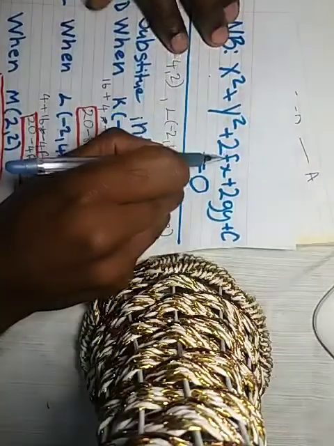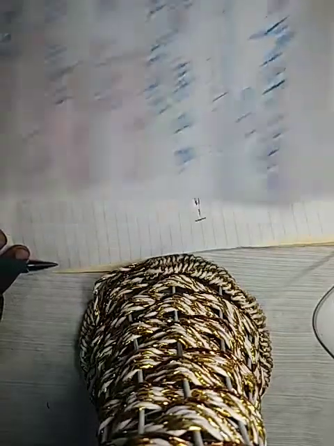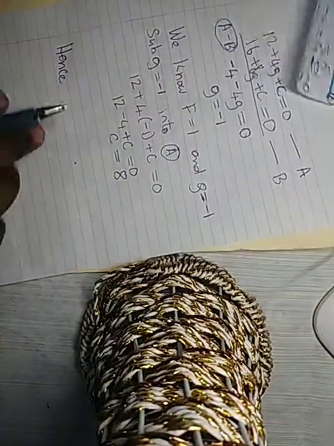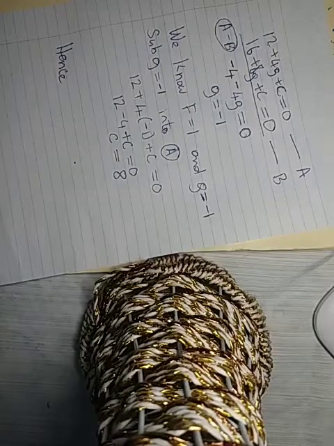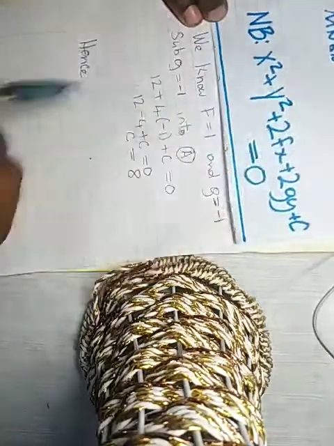All right, so hence, let's look back here. We now know the values of f, g, and c, so we can write our general equation.